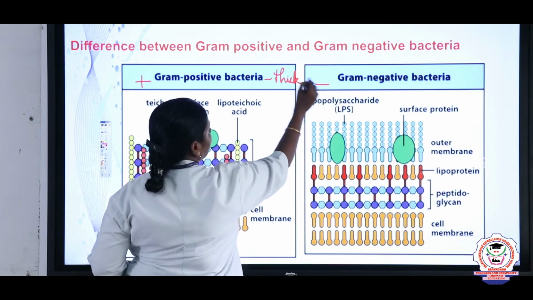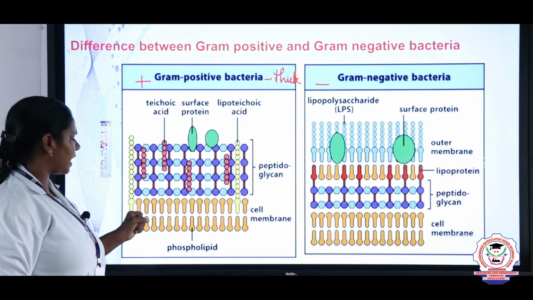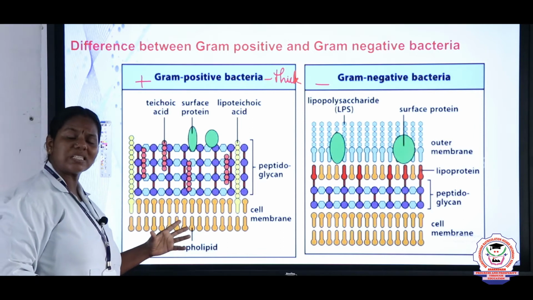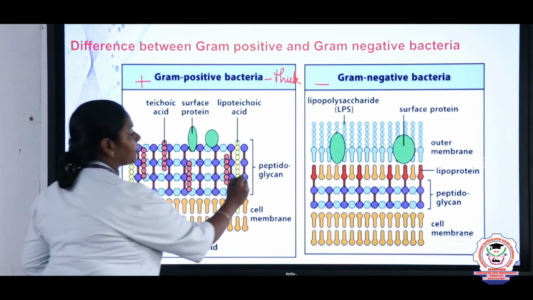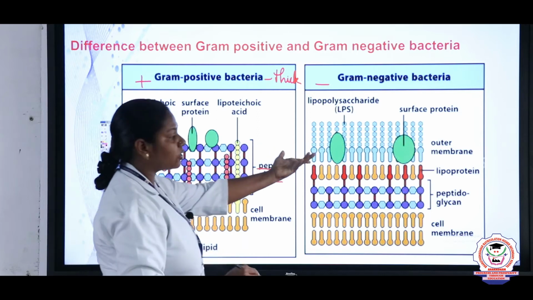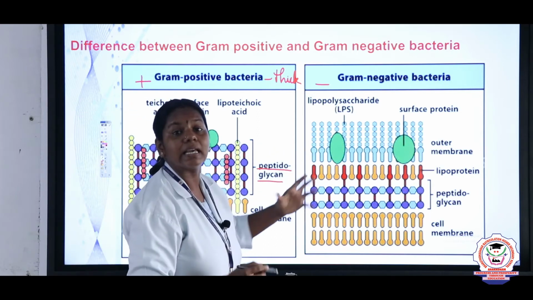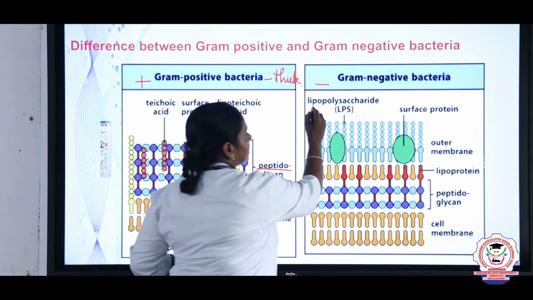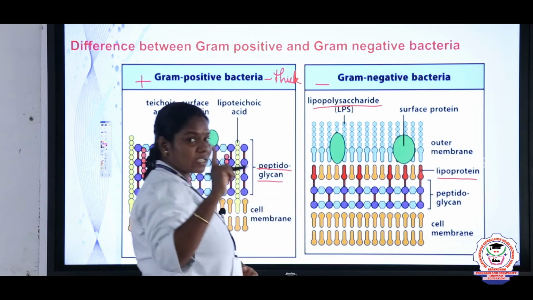The cell wall is thick, and here the cell wall is very thin. The cell wall is very rigid. Rigid means very strong, due to the presence of peptidoglycan. But here peptidoglycan is less, and here it is elastic in nature due to the presence of lipopolysaccharide and lipoprotein. So, what is the main difference?